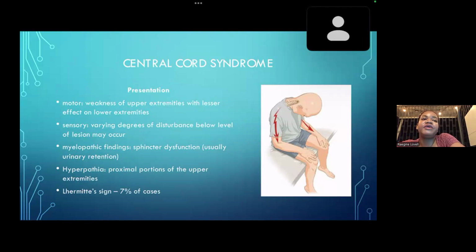Hyperpathia, especially in the proximal portions of the upper extremities, is often delayed in onset and very distressing. And Lhermitte's sign in 7% of cases, which is a paroxysmal pain syndrome used to describe the transient sensation of an electric shock extending from the spine to the extremities on flexion or movement of the neck.